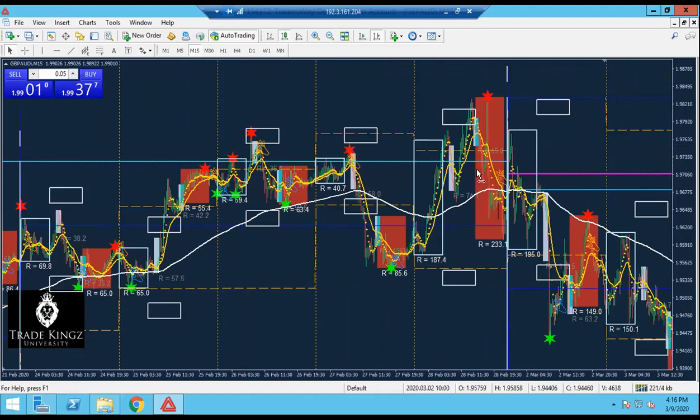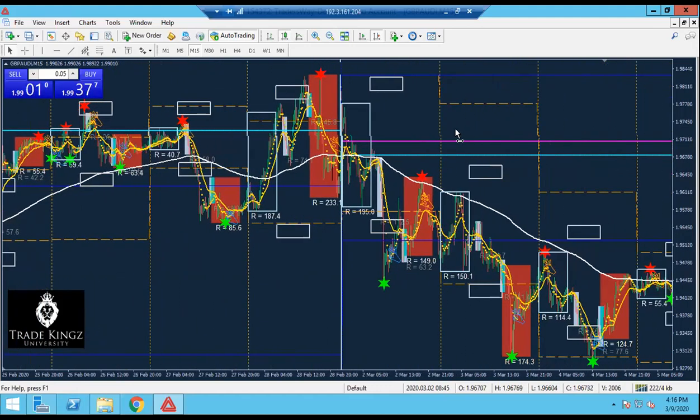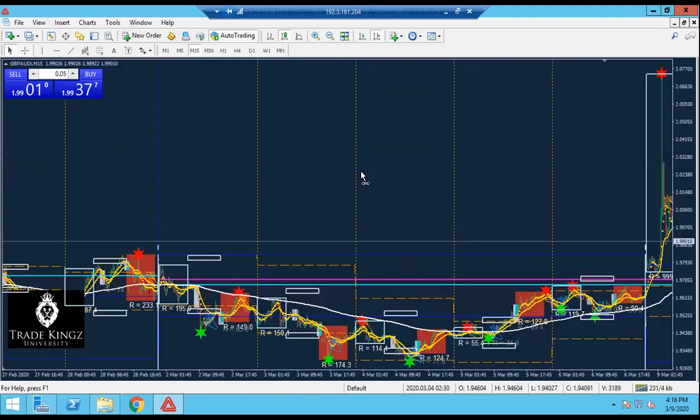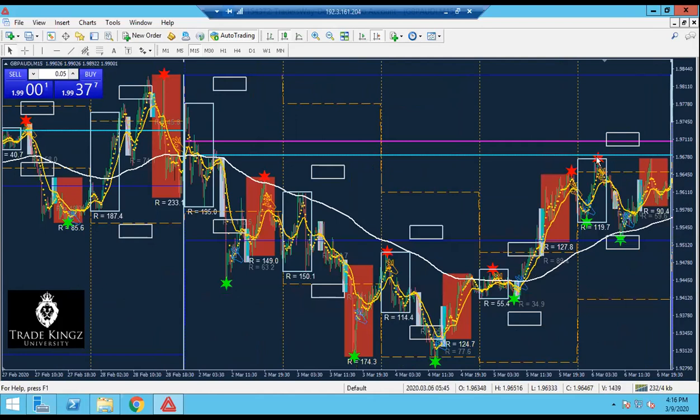Like we're in March, right? So in March, this line now represents February's open price. And this one is February's close price. So I like to see price respect those areas, just like you see here. It plays around those areas.